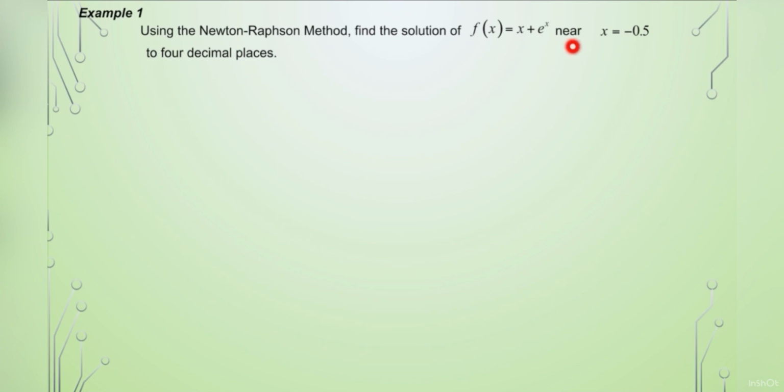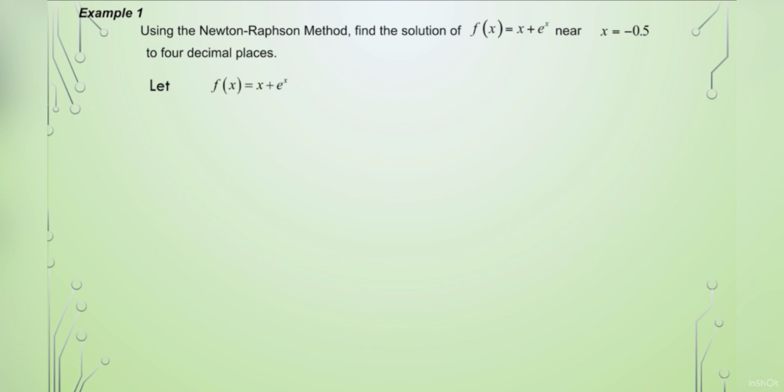So this is actually the initial value or the first approximation. It is stated in the question very clearly here. So now we have to use this value to find a better approximation of the root of this f(x) using the Newton-Raphson method. Okay, let's do it.